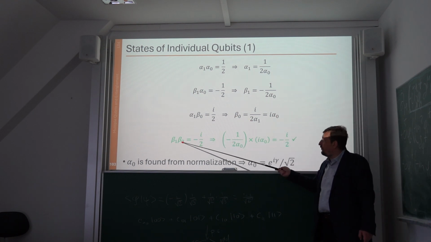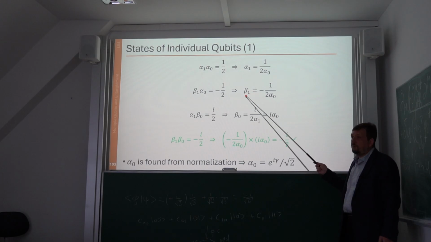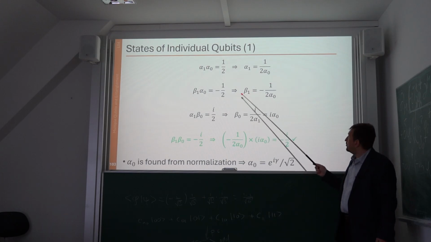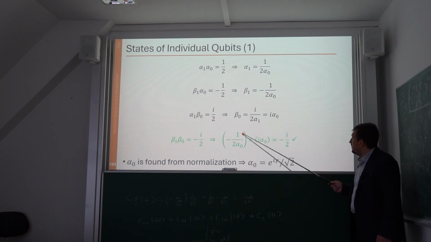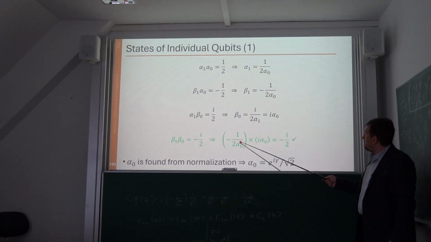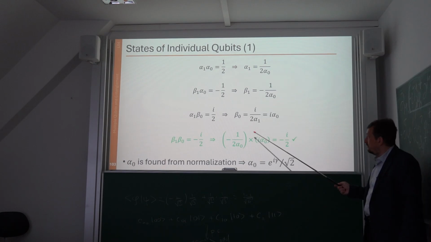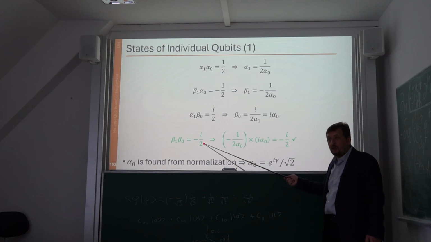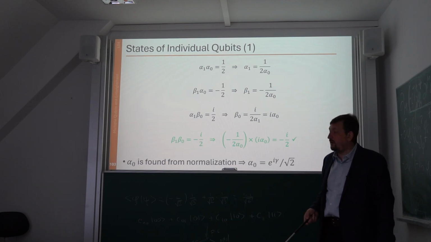And this is the last remaining equation. In this equation I have beta 1 and beta 0. I already know them. So I can simply substitute these calculated quantities, and I see that indeed when I multiply them I get minus i over 2, the same as I have in the state. So this fourth equation is satisfied automatically.